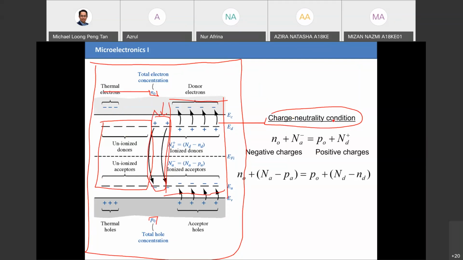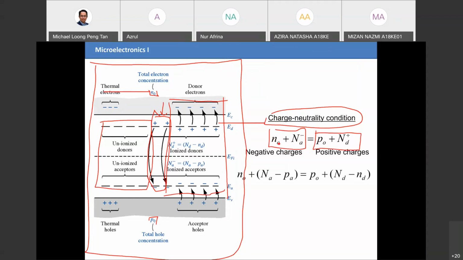And charge neutrality condition, which means neutral. So what it meant here is, when you take this term plus this term, positive charge equals negative charge. Negative charge because the acceptor accepts electrons.